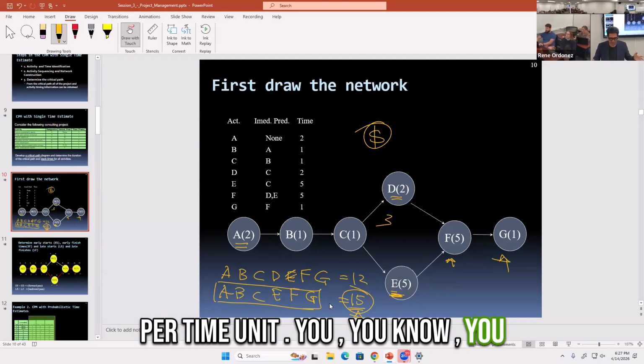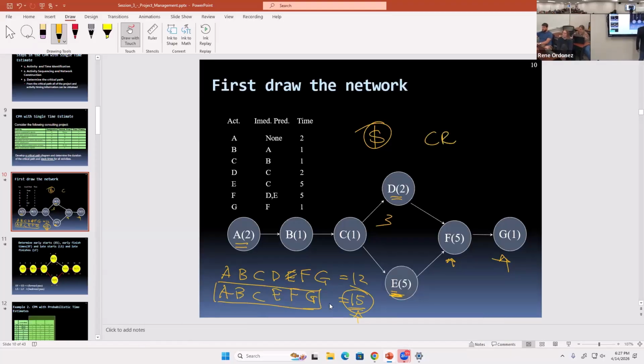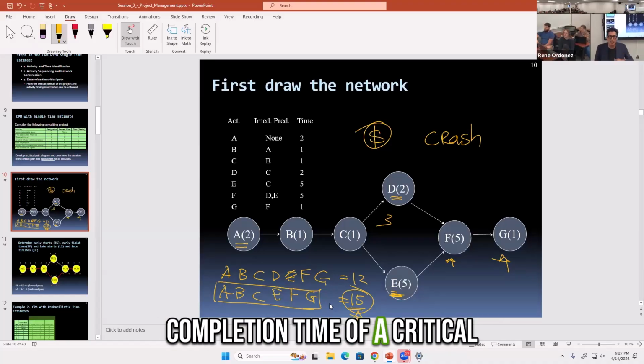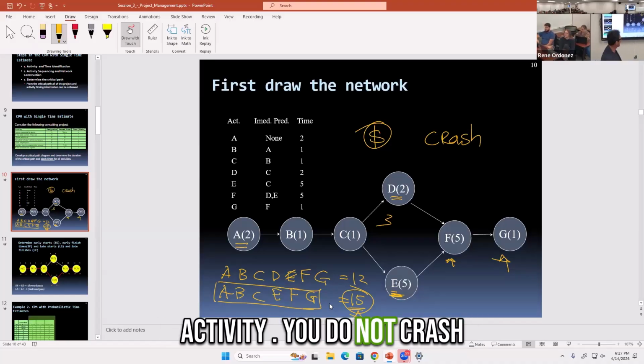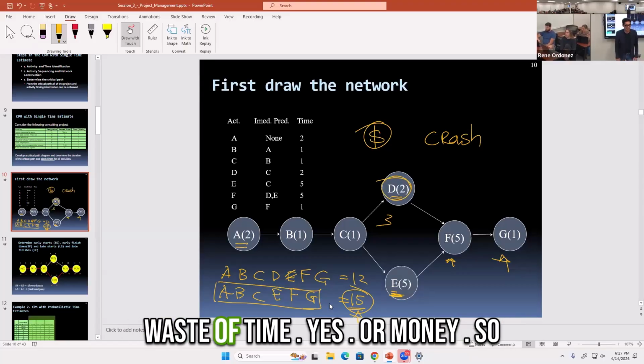You crash. That's the term there. Crashing means shortening the completion time of a critical activity. You do not crash non-critical activities because it's a waste of time.